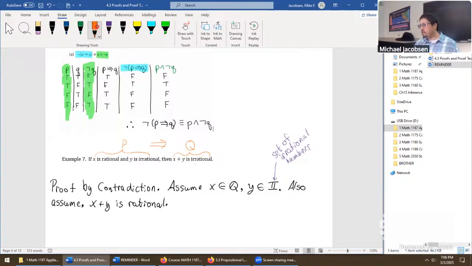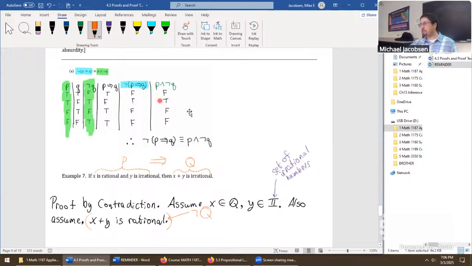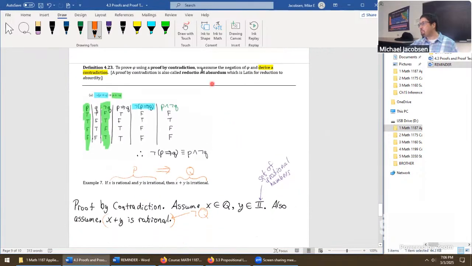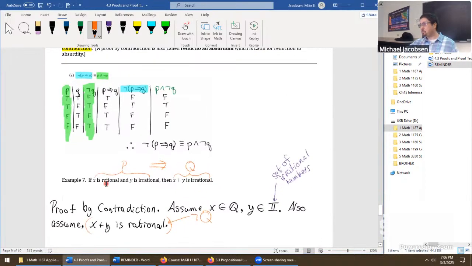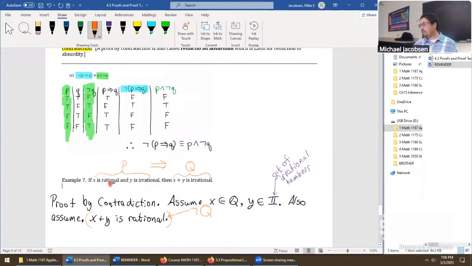So this part right here is the negation of Q. That gets us started. So the truth table here just informs us what the negation of all of this looks like. And we really needed that because a proof by contradiction says we write out the negation of phi. Phi is the proposition, so we had to negate this entire statement outright. But now we're ready to get going on this one. Any questions at the moment, folks, with just the initial steps?